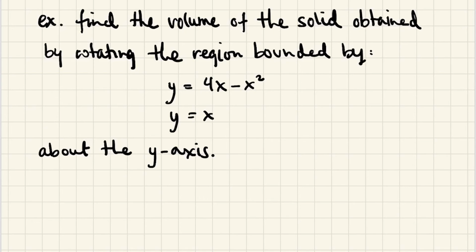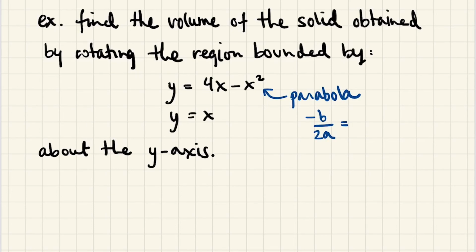Okay, big surprise, our first example is finding a volume. So let's see what we're working with here. This is going to be the graph of a parabola. And if you recall, we can find the vertex of a parabola by calculating this particular formula.